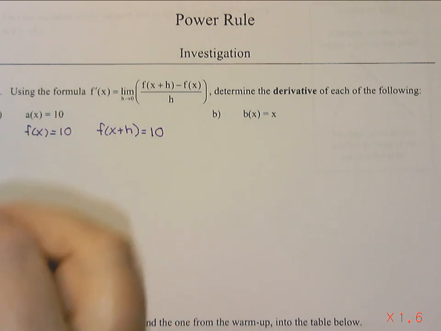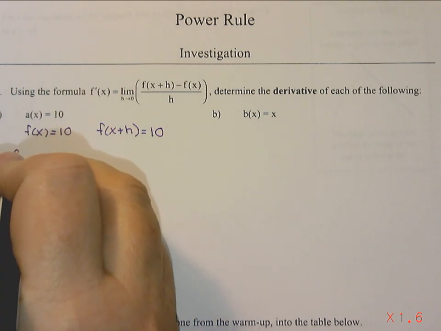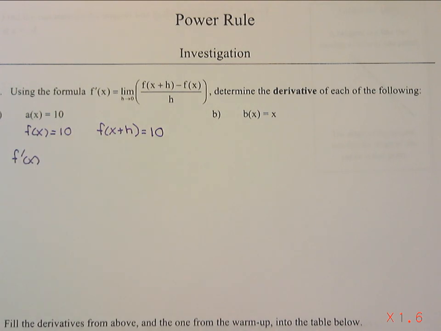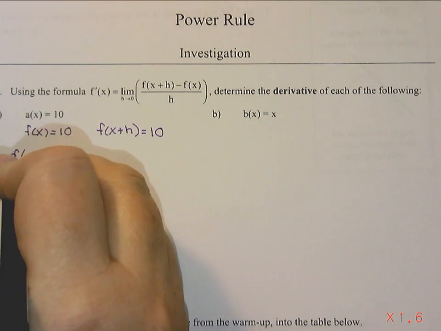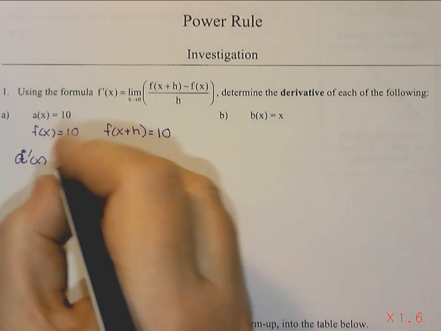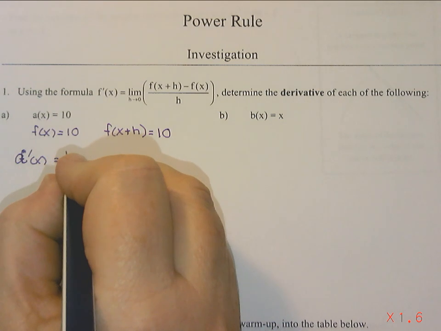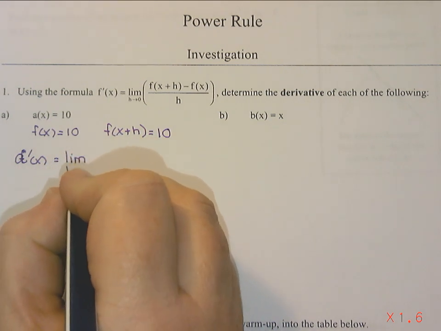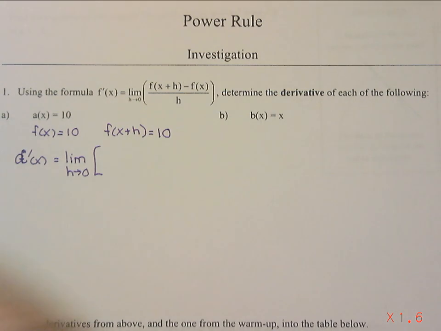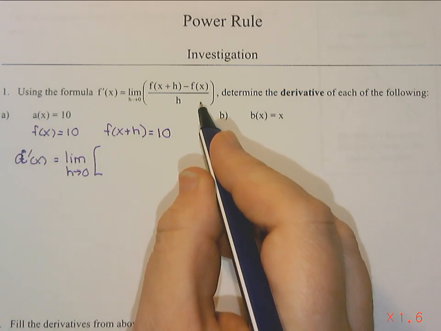So when I go to do my formula for the derivative, we're going to do f prime of x because we have our function written in function notation. I could actually do a prime of x to match the question that we have. It is the limit as h approaches 0 of f of x plus h, which I'm not going to rewrite the formula down since it is here.